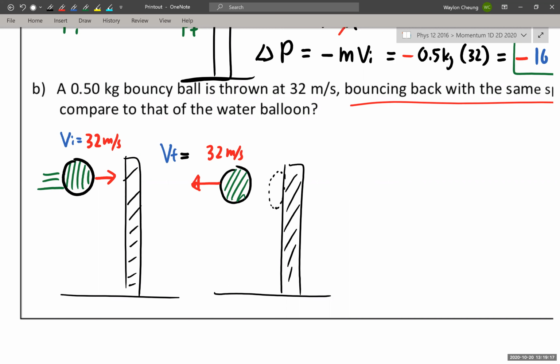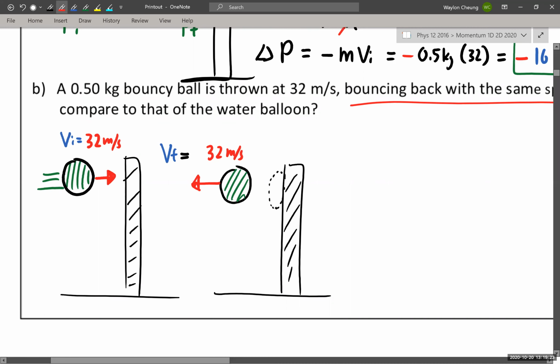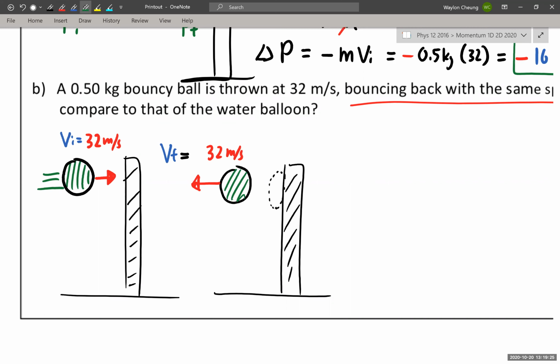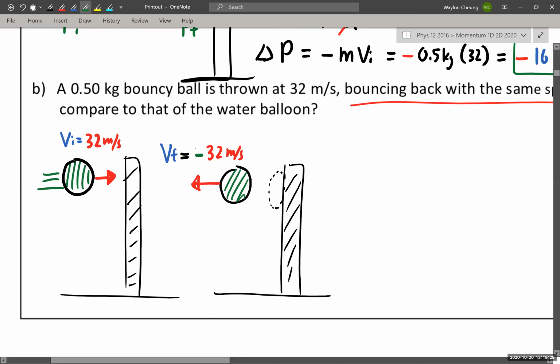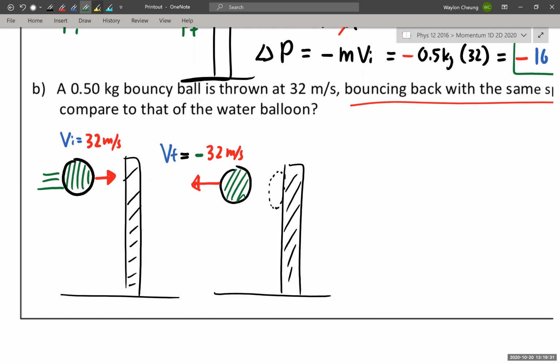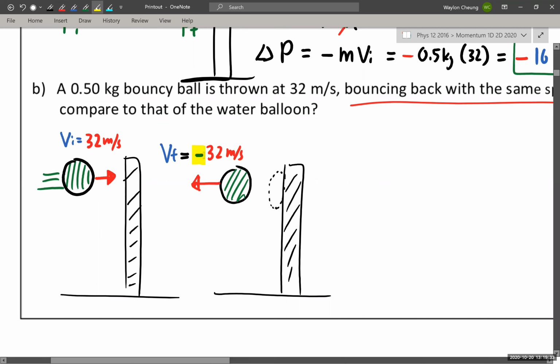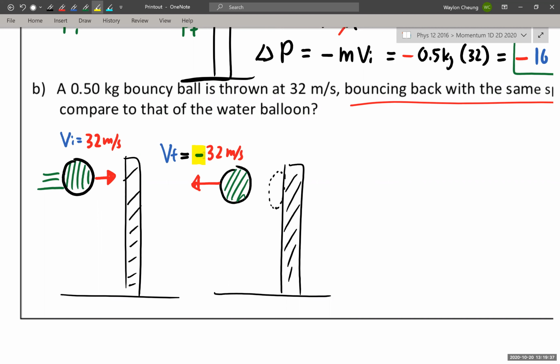One of them has to be negative 32 because it points in the opposite direction. Now, in our everyday life, we make it a habit to put the right-hand side as positive and the left-hand side as negative. So we are going to do that, but it's up to you. One of them has to be negative, whichever one. Okay, so that's bouncing back.